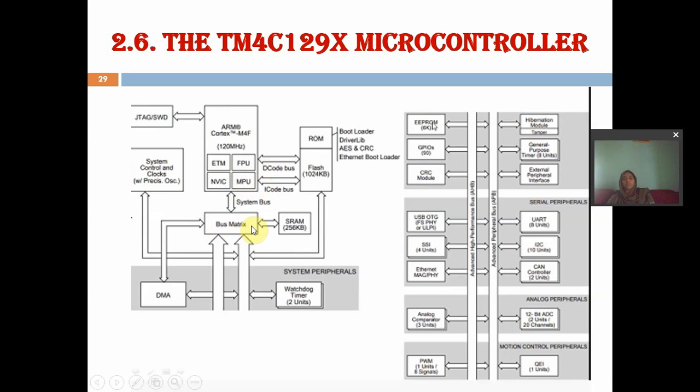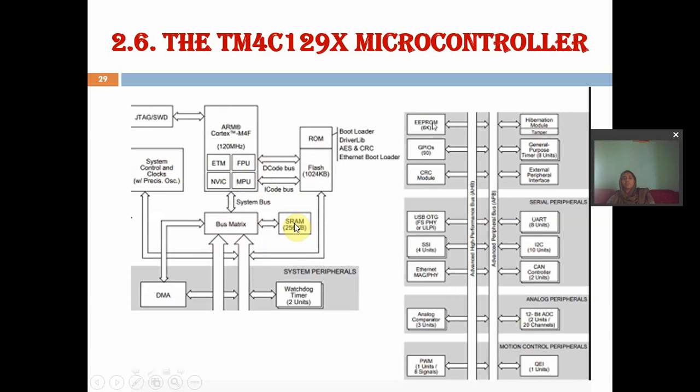This is nothing but the bus matrix. All the buses are connected to the bus matrix, and we are using SRAM, static RAM, for data. We have 2 types of buses, one for RAM and one for ROM.